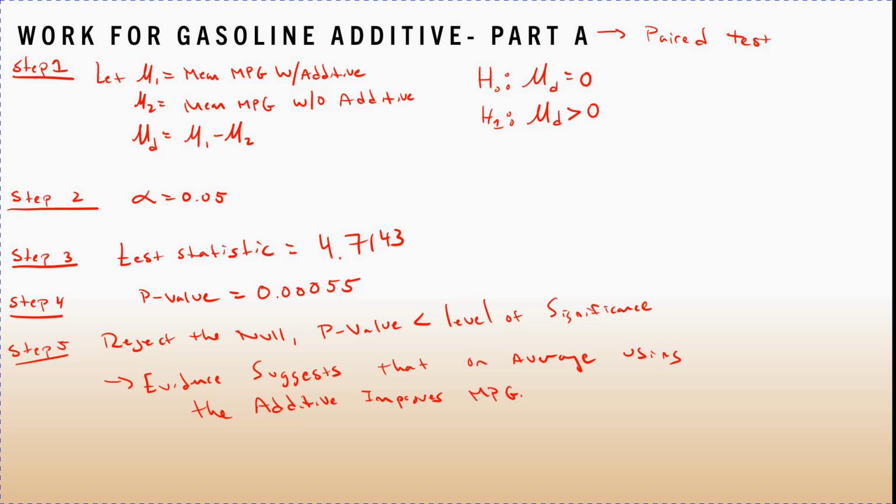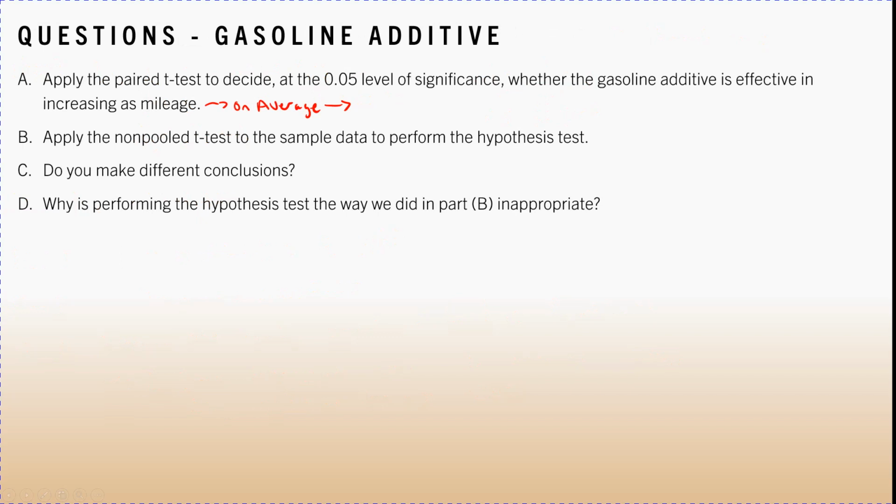And it is appropriate to use a paired test here, because the values are measured on the same car. So yes, we are rejecting the null here.